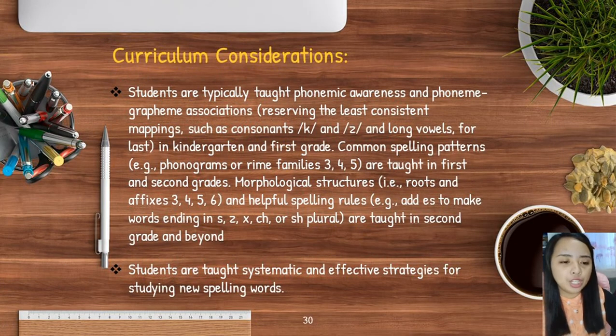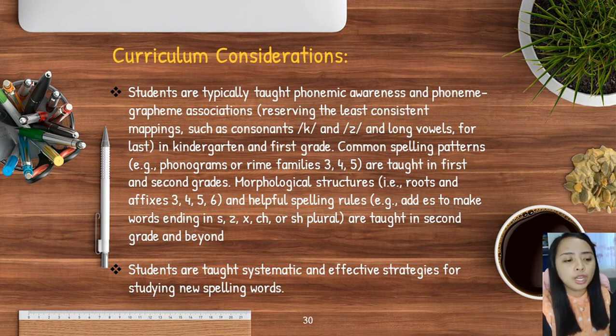Curriculum considerations. Students are typically taught phonemic awareness and phoneme-grapheme associations, reserving the least consistent mapping, such as consonants K and Z and long vowels, for last. In kindergarten and first grade, common spelling patterns, for example phonograms and rhyme families, are taught in first and second grades.